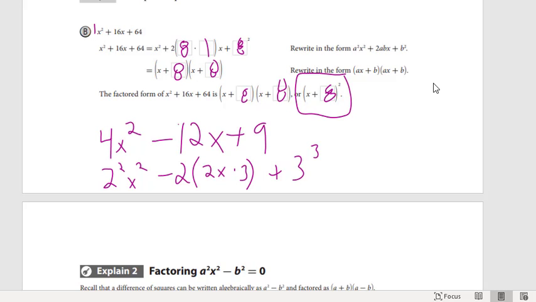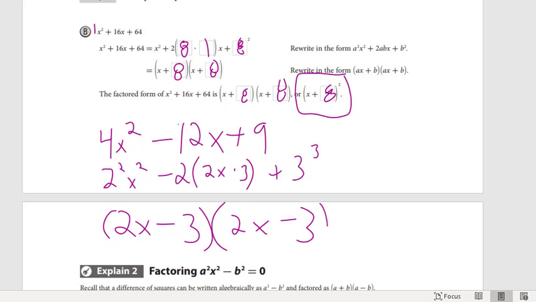So we look at those and we can factor this into 2x plus 3. Oh, sorry, that should be minus 3 because it's negative in the center. 2x minus 3 times 2x minus 3.